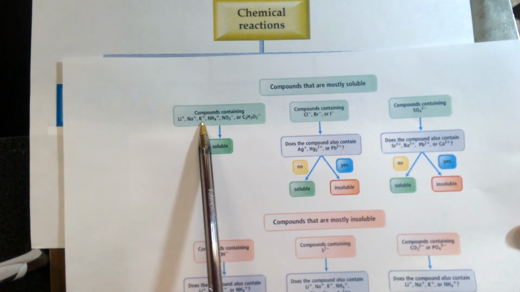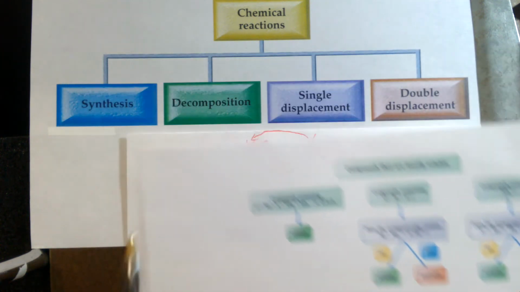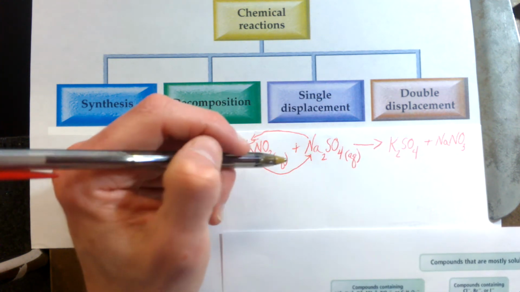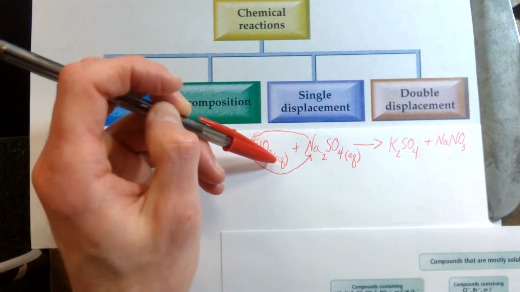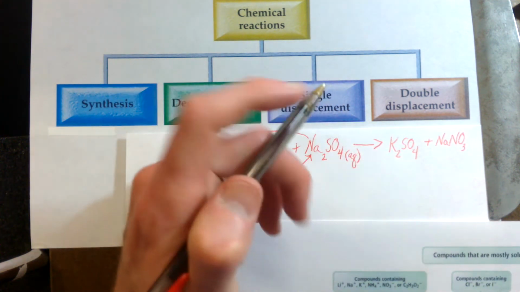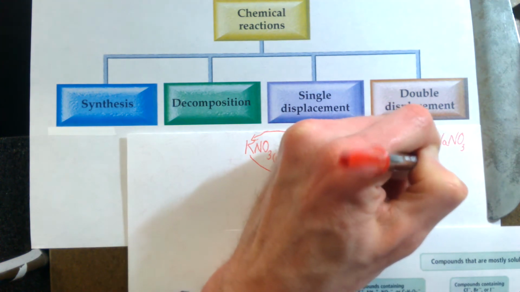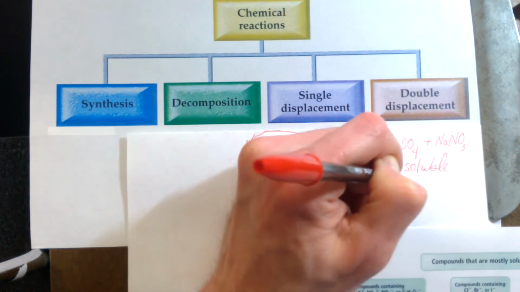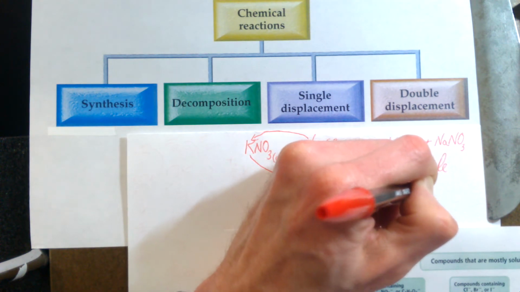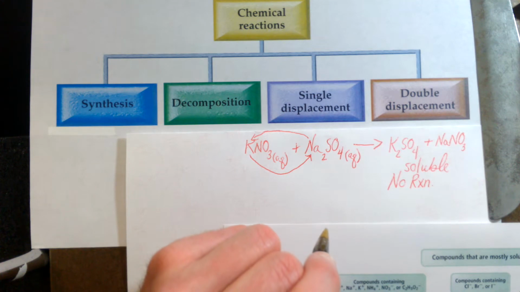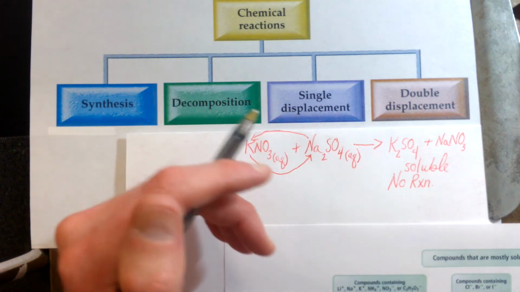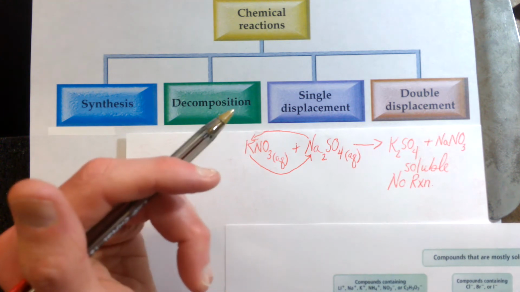Compounds containing potassium are also soluble. So both of these potential compounds are soluble. When you do a double displacement reaction and both of your potential products are soluble, you have no precipitation occurring, so you have no reaction occurring. So this would not form any chemical changes or chemical reactions.